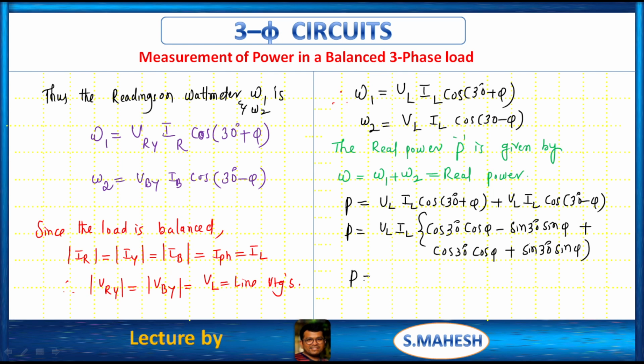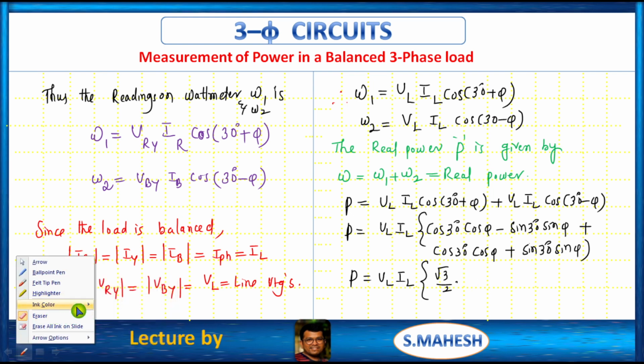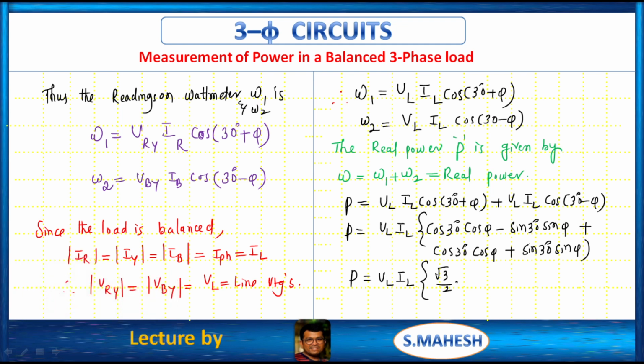So from this, P is equal to VL IL, finally the value is root 3 by 2 into 2 cos 5. From this 2 gets cancelled.